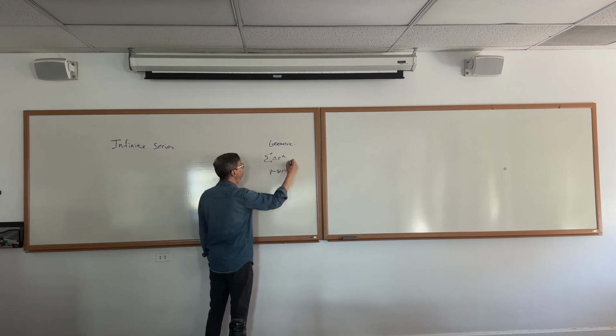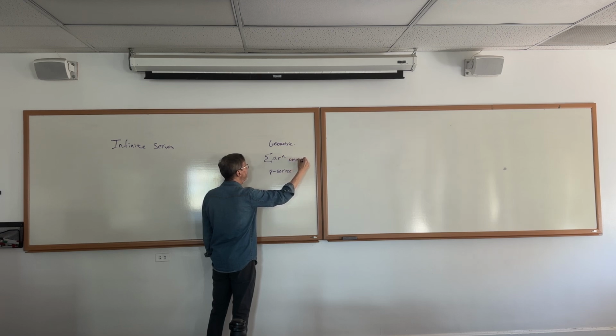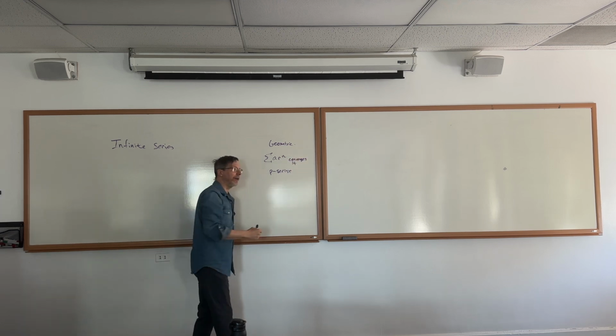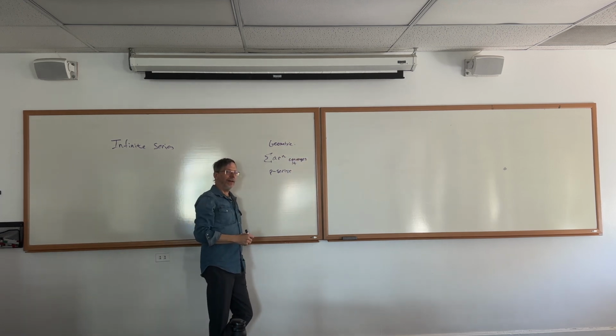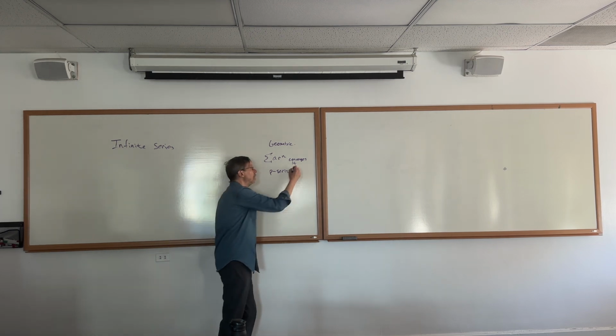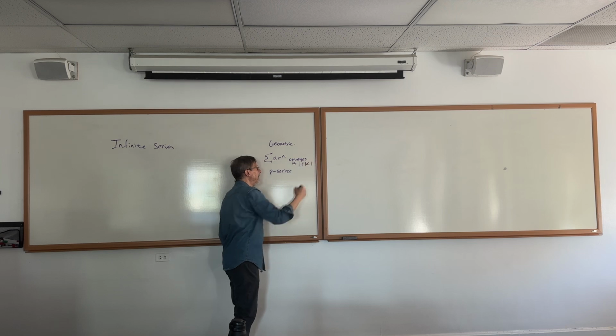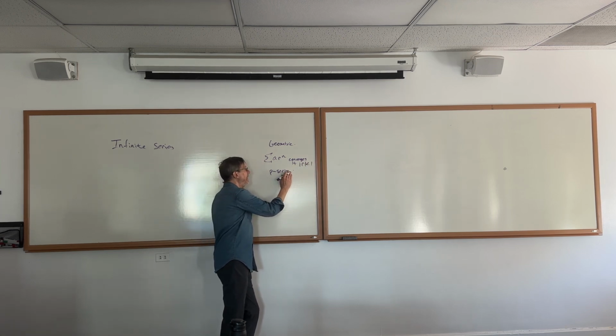When does this converge? What's the condition on that? Beautiful. Magnitude of r is less than 1. And then we got p-series, and that looks like this. This could start anywhere as well, and it's going to run to infinity.